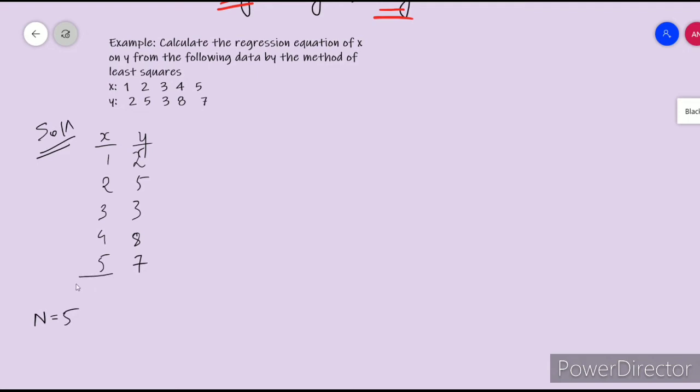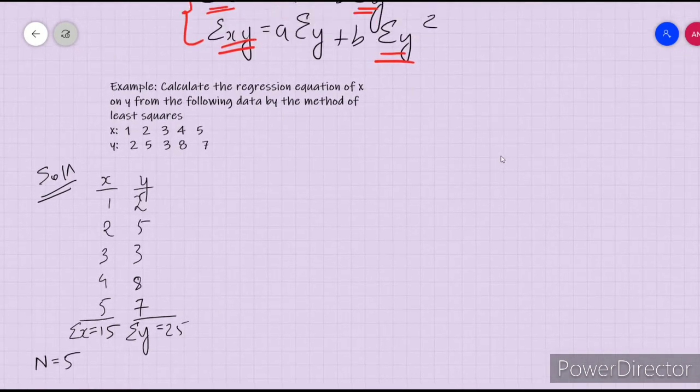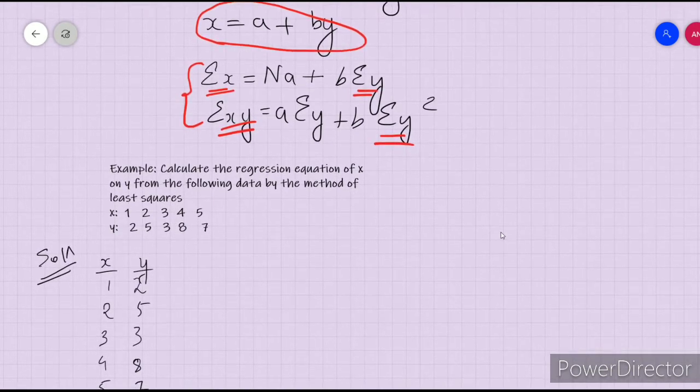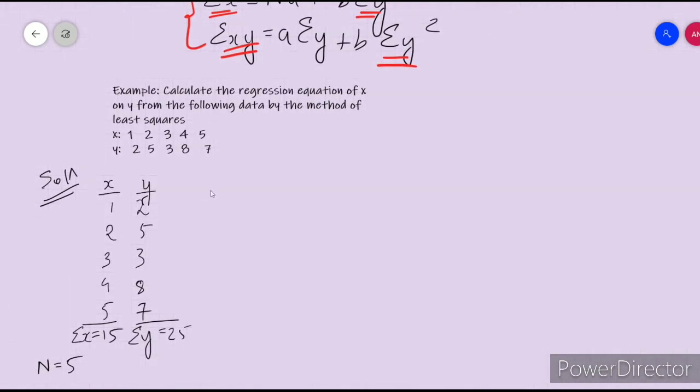We need to find summation x. If we add that, we get 15. We also need summation y. Add these values, you get 25. Then we need y square: 2 2s are 4, 5 5s are 25, 3 3s are 9, 8 8s are 64, 7 7s are 49. The summation of y square is 151.